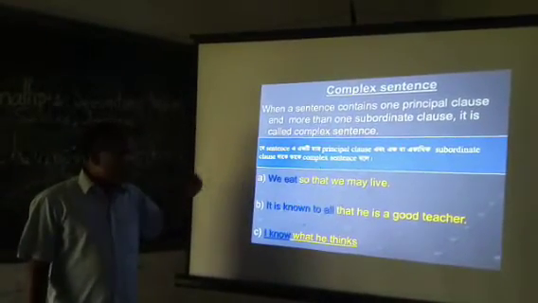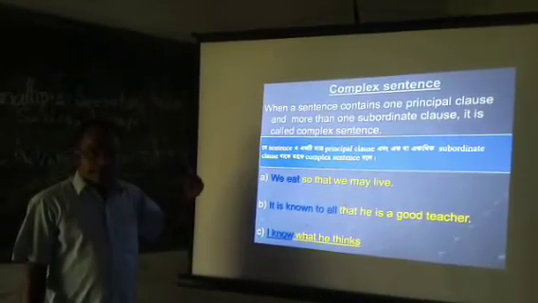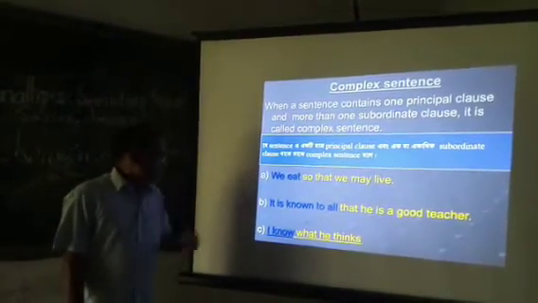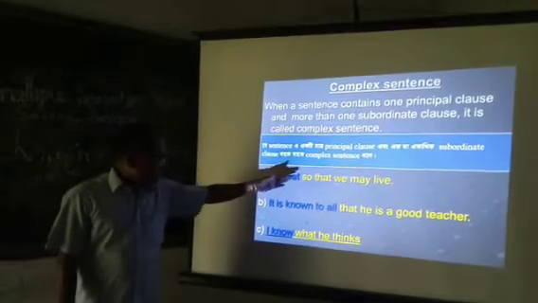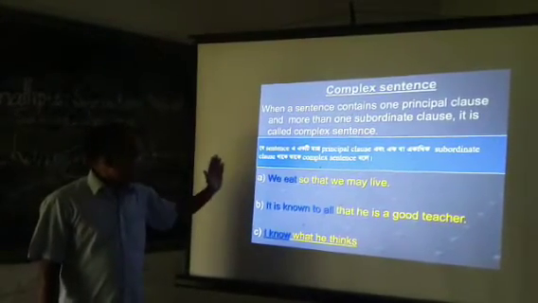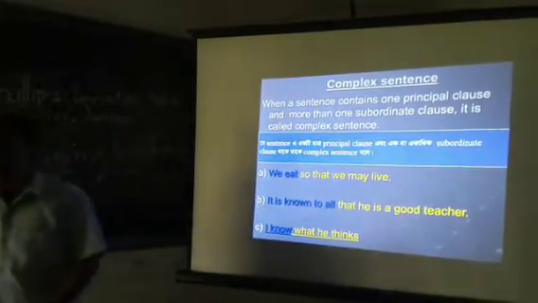There are two colors in the sentences here. If we divide the sentence, there is yellow color and green color. Green color is the principal clause and yellow color is the subordinate clause.